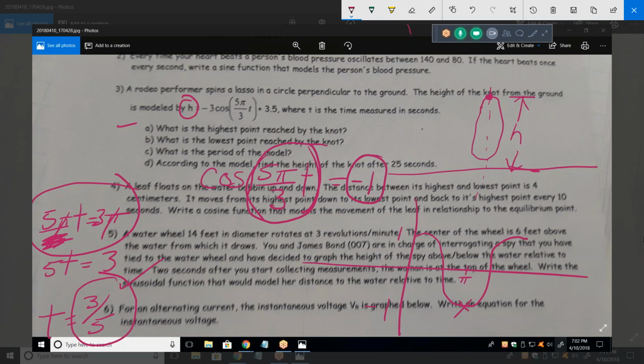Okay, so we get the height is equal to minus 3 times the cosine of 5 pi over 3 times 3/5. How convenient. Notice why. Plus 3.5. Well, that 3 cancels with that 3. That 5 cancels with that 5. What's the cosine of pi?